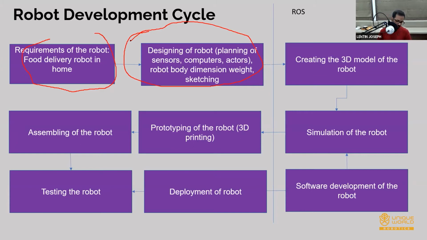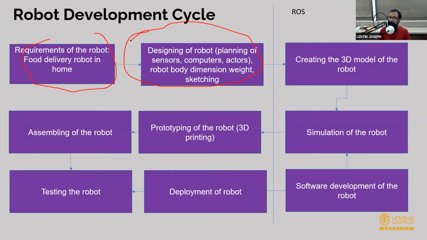So how to select these sensors, how to select the actuators, and how to select the computers. And also how big it is, what is the payload of the robot, all these things.